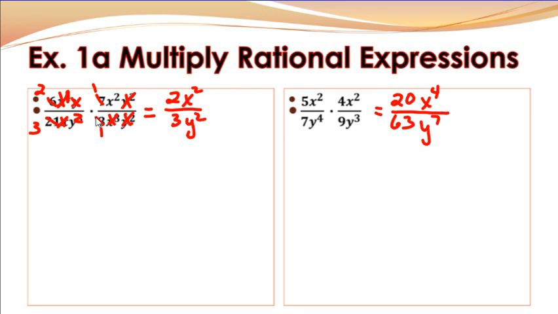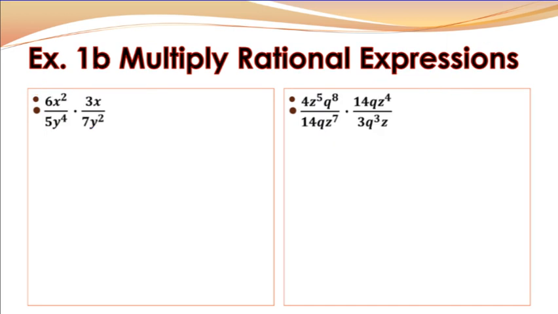And now I have to look to see, are there any common factors in the numerator and the denominator here? And in this example, there aren't any common factors in the numerator and the denominator. So our answer would remain as 20 x to the 4th divided by 63 y to the 7th.